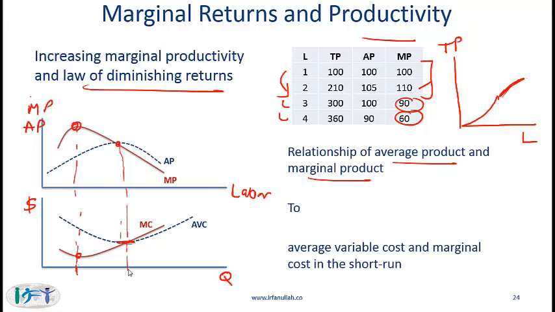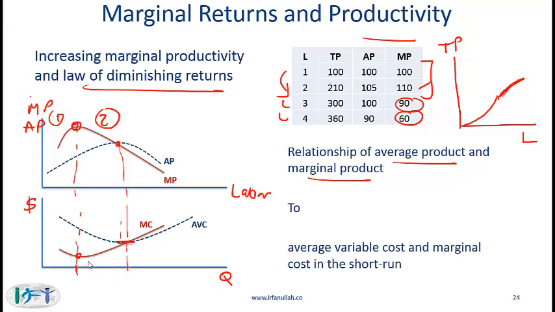In this region over here, region 1, we have the average product and the marginal product going up. And notice that the marginal cost and the average variable cost are going down. So output going up, costs going down, which makes sense. In this region 2, we have marginal product going down and marginal cost going up.